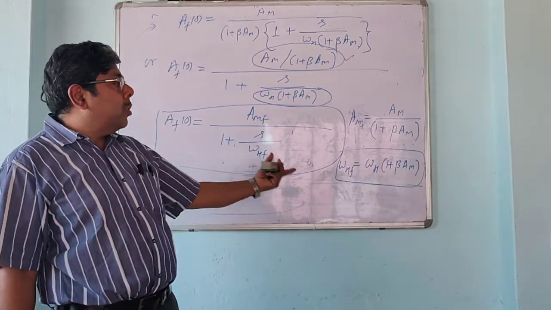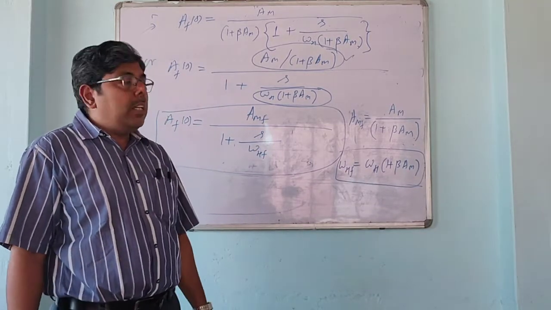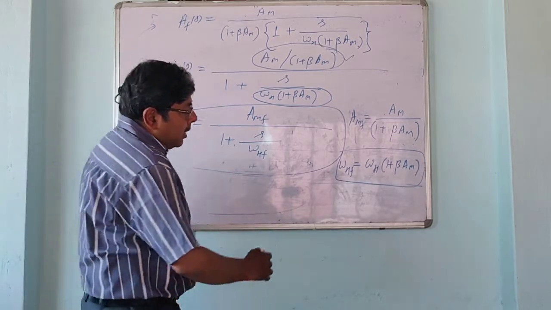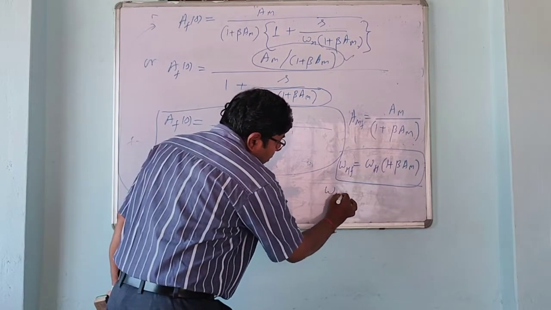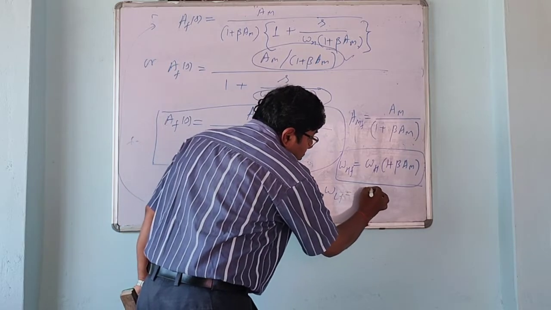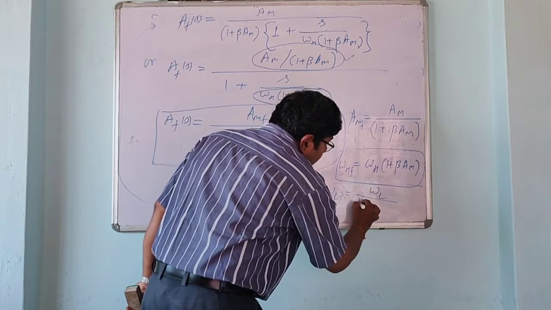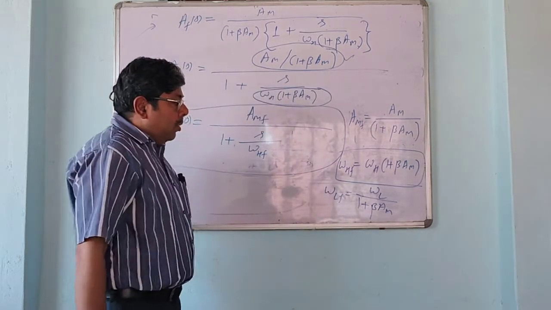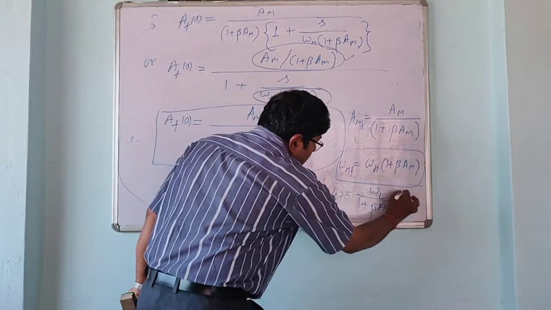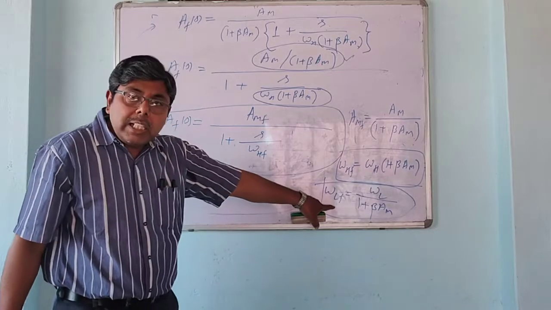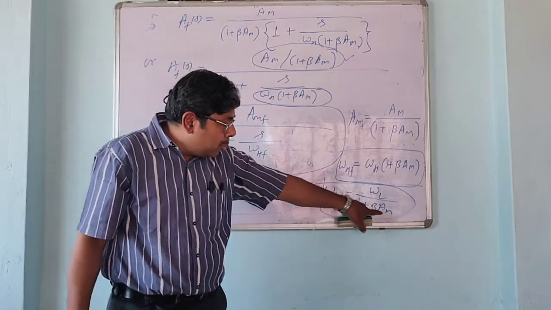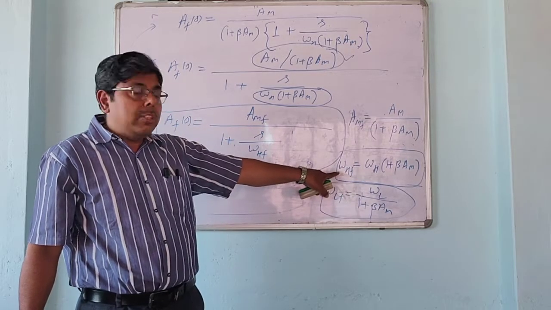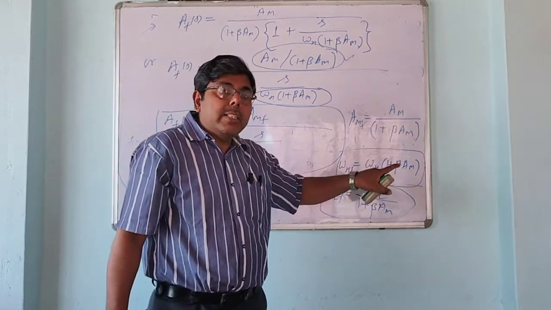Similarly, by using the other two equations, we can show that the lower 3 dB frequency, that is omega LF, is reduced by the same factor. So this is the lower 3 dB frequency which is reduced by this factor, and this is the upper 3 dB frequency which is increased by this factor.